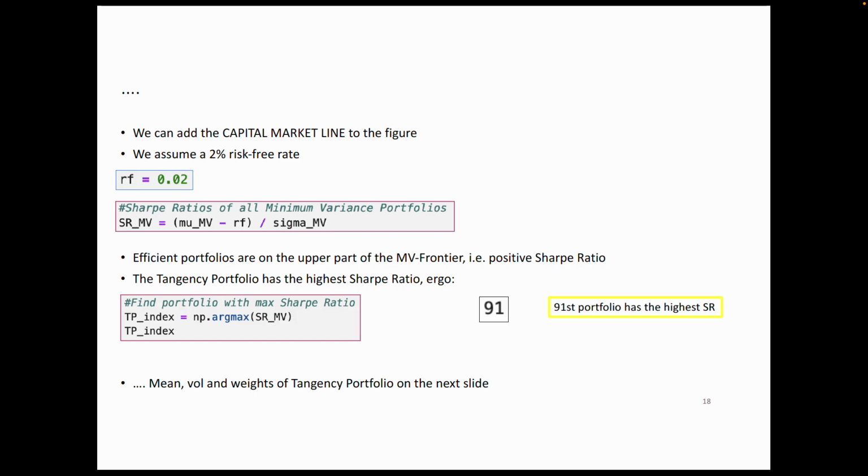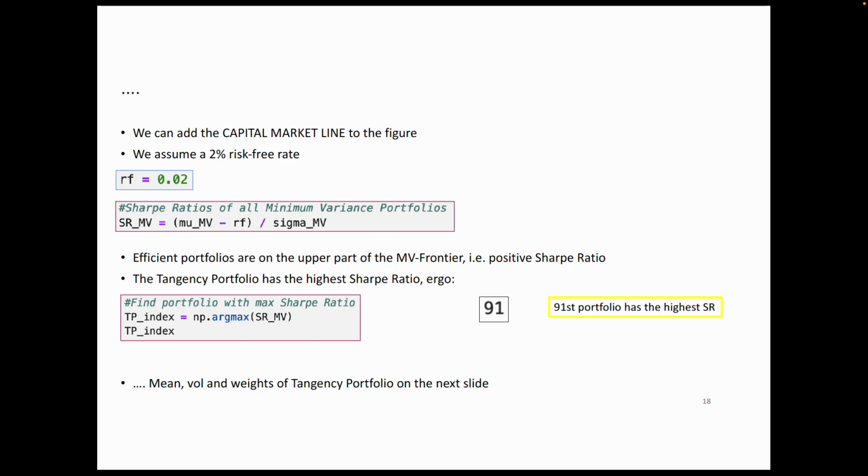Mathematically, that's not really nice, but Python understands implicitly what I want, and it computes that element by element and assigns the values to a new array, which here I call SR for Sharpe ratio, and then underscore MV, which again highlights these are Sharpe ratios of my MV portfolios.